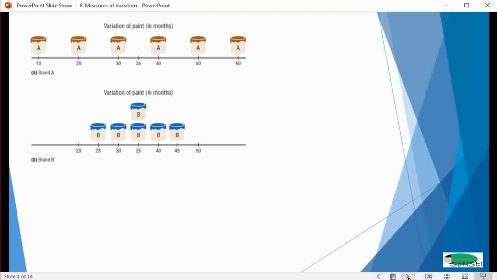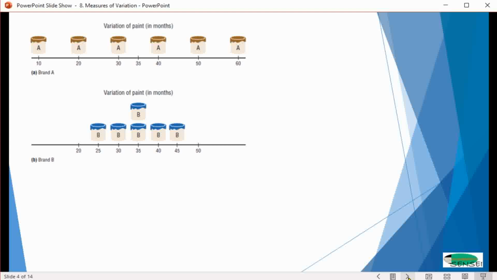We can also see the relative distances between the numbers in the first brand and the numbers in the second brand. And notice how they're gathered around the mean and how dispersed these values are.